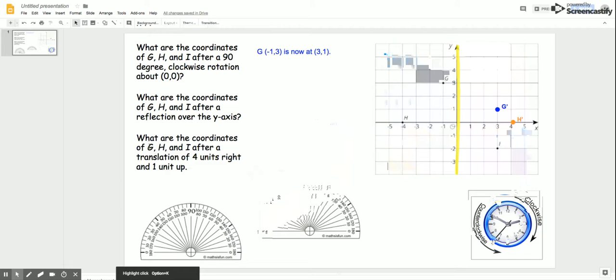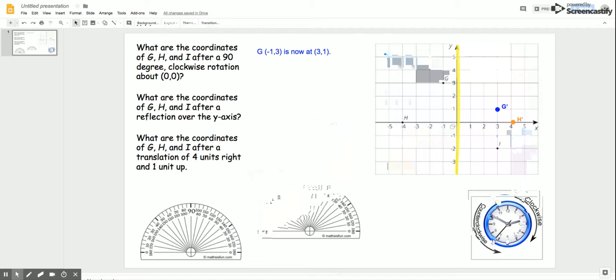Okay, let's look at number 3. What are the coordinates of, we're only going to look at letter I, after a translation of 4 units to the right and 1 unit up? So here we go. We have a point I, and it wants us to translate 4 units to the right. 1, 2, 3, 4.